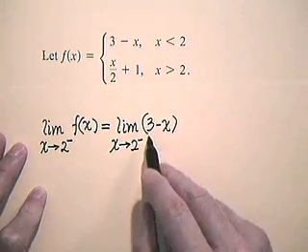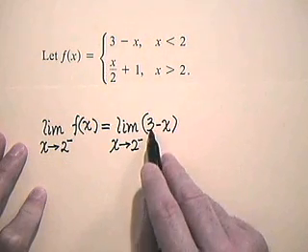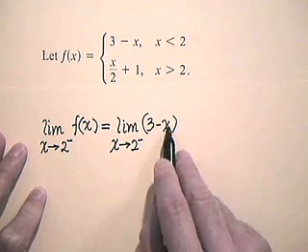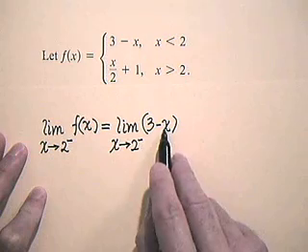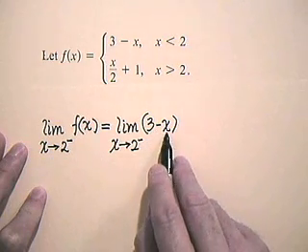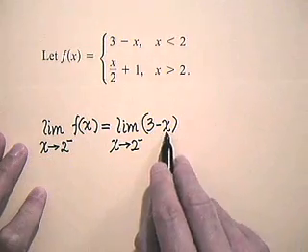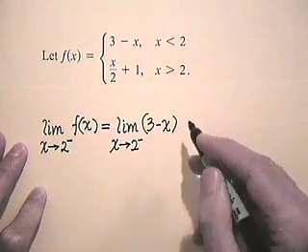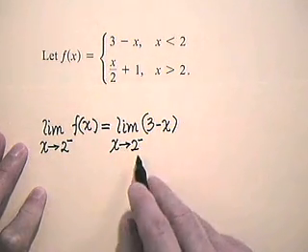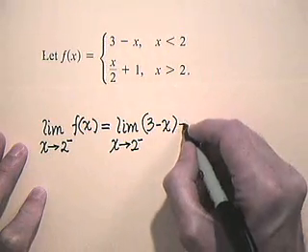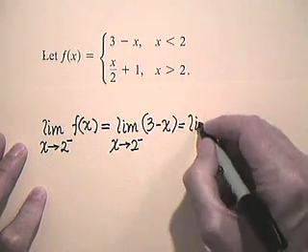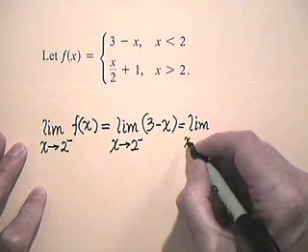Now, of course, by our theorem on one-sided limits, when I look at that expression 3 minus x, I see it is perfectly valid for all real x, and in fact it has a two-sided limit as x approaches 2, and so our theorem tells us that that will have to equal the one-sided limit, in this case the left-hand limit.